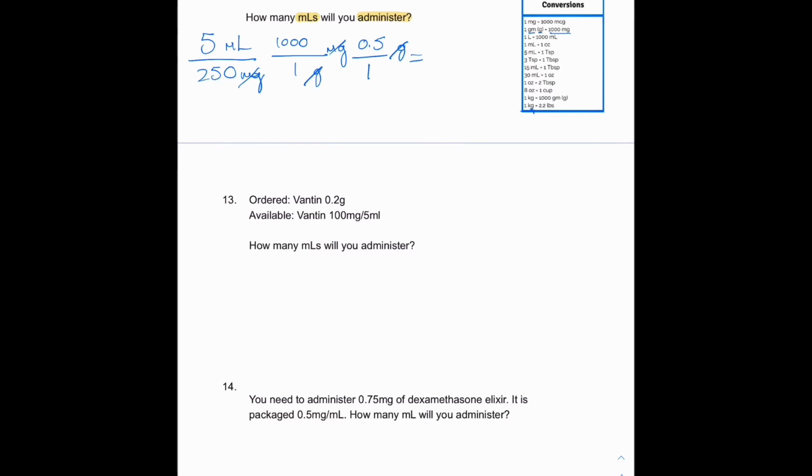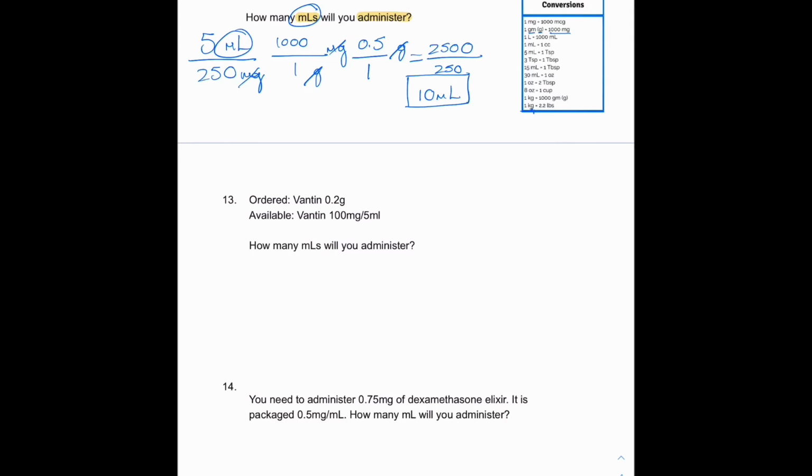So I've got 5 mils, 5 times 1,000 times 0.5, it's 2,500. And then 250 times 1 times 1, 250. So 2,500 divided by 250 equals 10. 10 mils.